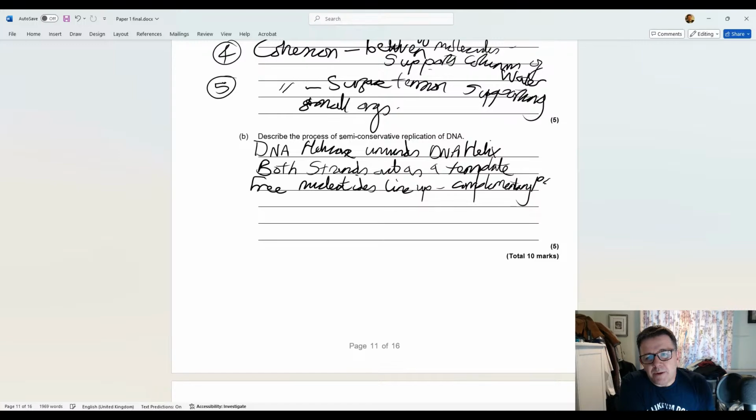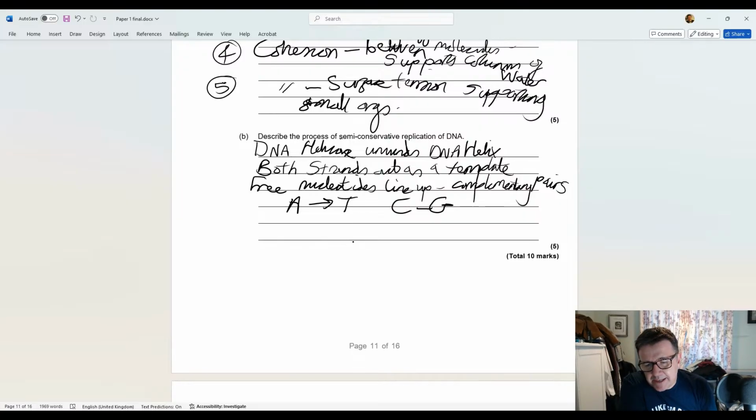You all must know this. The way I remember the complementary pairs, apples are found on trees, and usually cars are found in garages. Well, they're not always, but you know what I mean. A to T, C to G.